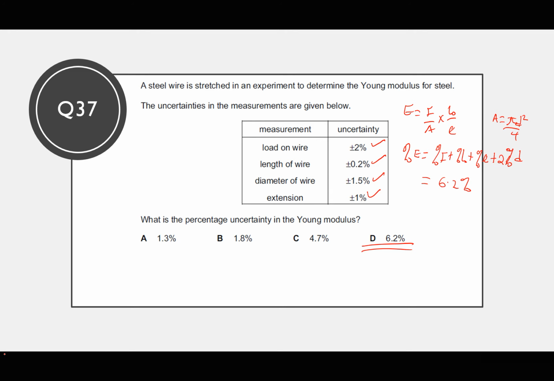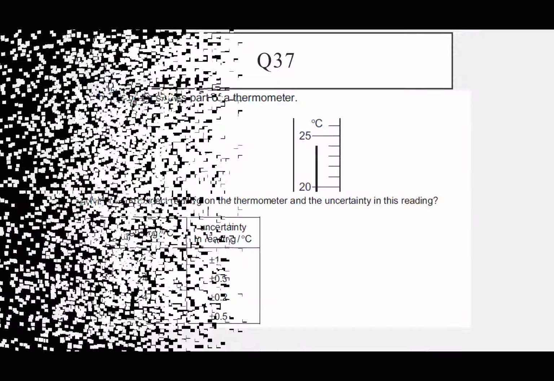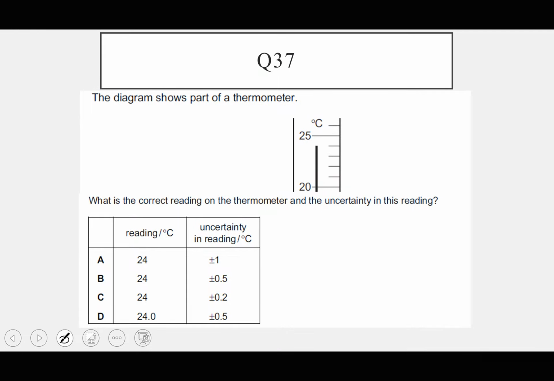Number 38. What is the correct reading on the thermometer and the uncertainty in this reading? So you see the divisions are fine enough, so we can approximate to half a division. The reading here is 20, 21, 22, 23, 24.